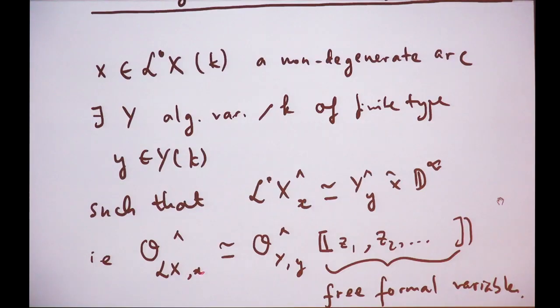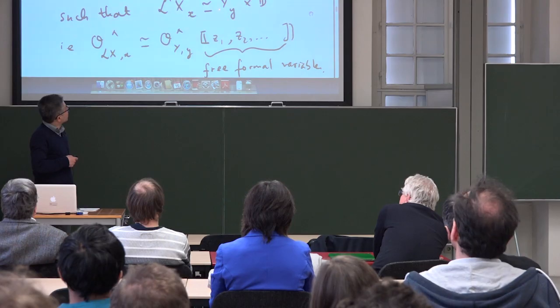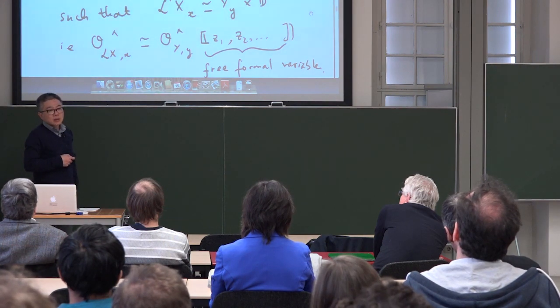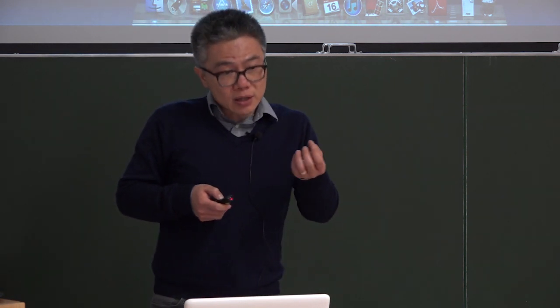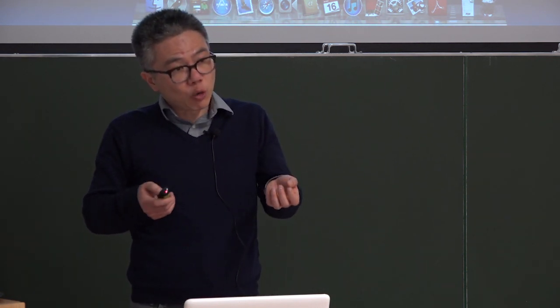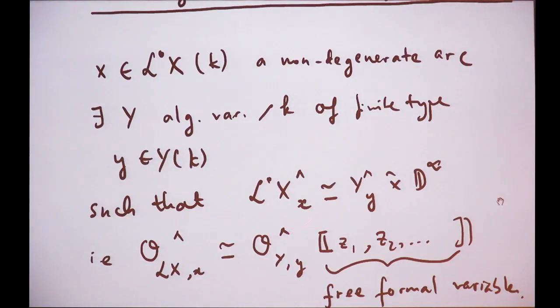But if you look at the completion at the point, dividing by the maximal ideal and its powers, power 2, power 3, you can make a formal completion. And it makes it very simple. After formal completion, it is basically of finite type. That means after a clever change of variables, instead of infinitely many variables and infinitely many equations, you can get just finitely many equations. So infinitely many variables, but only finitely many equations.